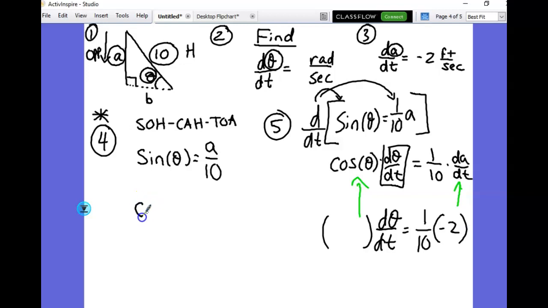Well, cosine of theta, come back to step 4, right? Cosine of theta is what over what? B over 10. Now, I want just a number here, though. I don't want any more letters, because remember, at this point in the game, I want to get rid of all letters and have just the one thing that I'm trying to solve for. So I don't want to put a B in there. So what can I put instead?